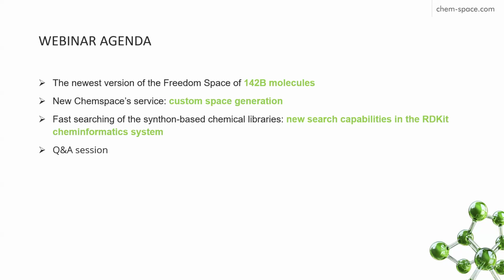And then we will talk about how to explore such huge chemical spaces, and the Freedom Space 4.0 is an example of quite a large chemical space. So we will conclude with the Q&A section, and as I mentioned, you may type your questions in the Q&A section, and then I will read and the speakers will address the questions.